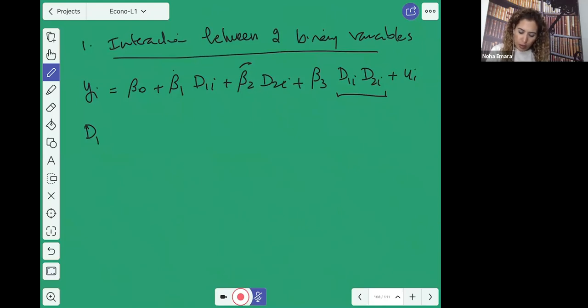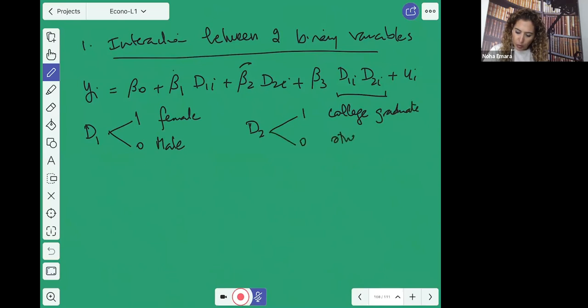It takes 1 if the person is female, and 0 for male, and suppose we have just 2 gender types. And D2 is the second binary that takes 1 if the person is a college graduate, and 0 otherwise.